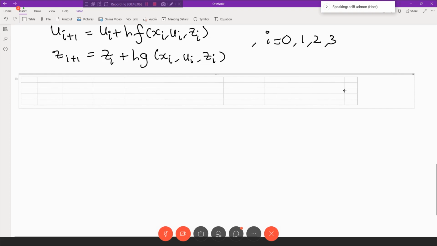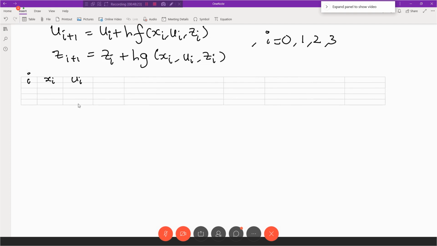This is your g. So this is i, x i, u i, z i, f of x i, u i, z i. This is your u i plus 1, your g of x i, u i, z i. This is your z i plus 1.